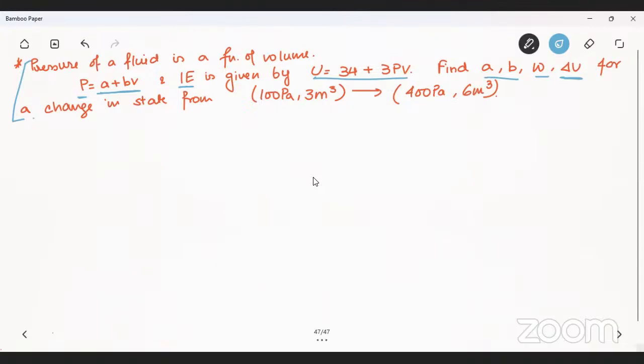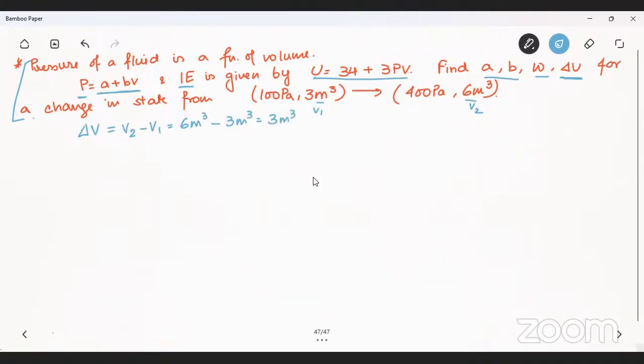So first, let's calculate the change in volume. It was V1, it is V2. So V2 minus V1, because volume can't be negative. So 6 meter cube minus 3 meter cube, it is 3 meter cube.